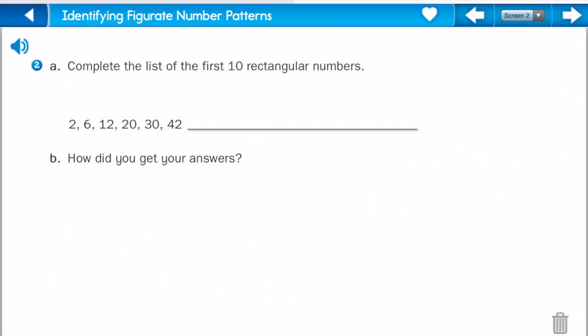So let's complete the list. So we did 1 times 2, then we did 2 times 3, and we did 3 times 4, and then we did 4 times 5, and then we did 5 times 6, and then we did 6 times 7.